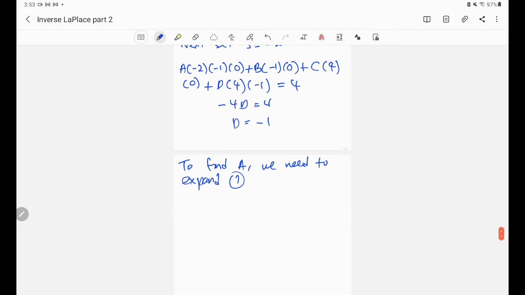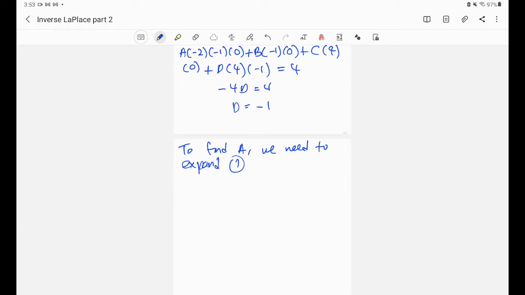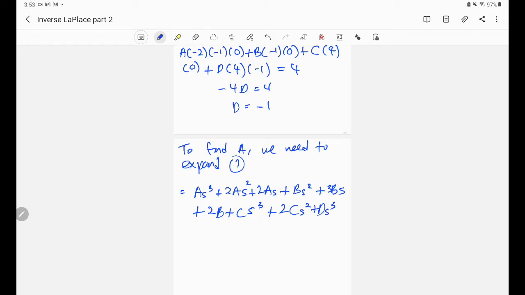When we expand it, we get As cubed plus 3As squared plus 2As plus Bs squared plus 3Bs plus 2B plus Cs cubed plus 2Cs squared plus Ds cubed plus Ds squared, which equals 4.